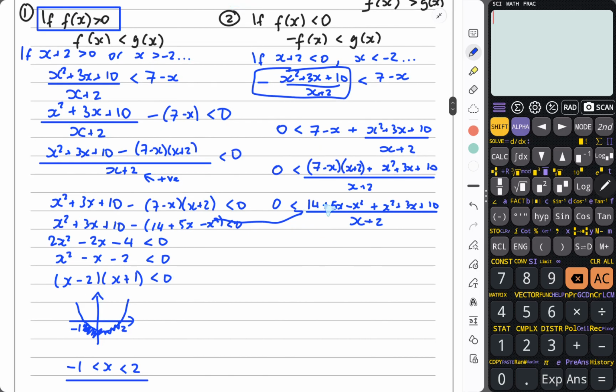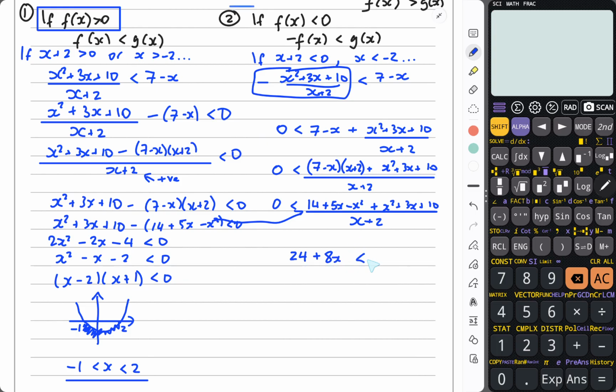So we're looking at where this thing on the right is positive, and we know that the denominator is negative. So we're trying to solve for the numerator being negative. So let me cancel some terms, and then I'm going to write it as being less than 0. So we've got 14 and 10 make 24, plus 5 plus 3 is going to make 8x, and the x squareds are going to cancel.